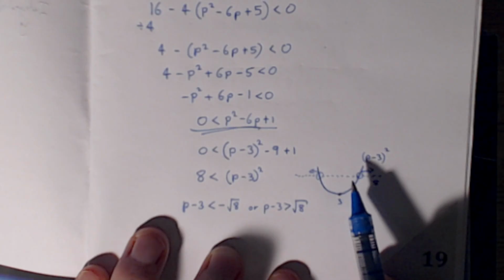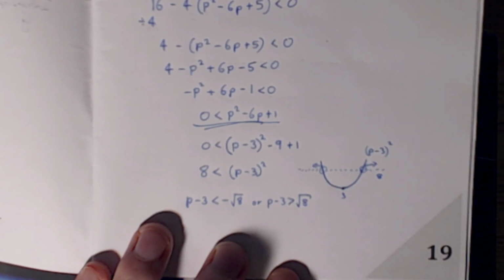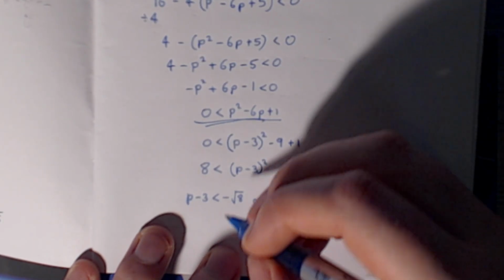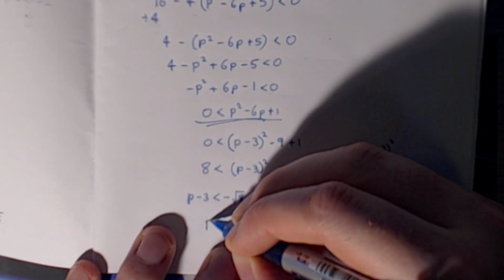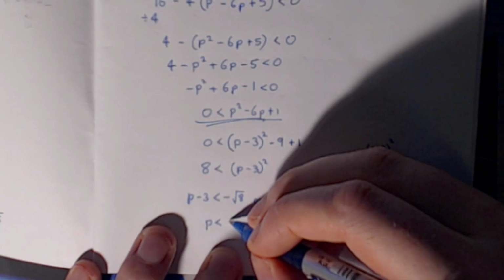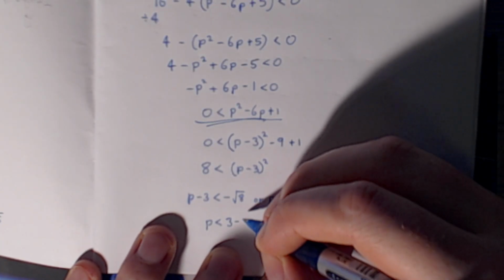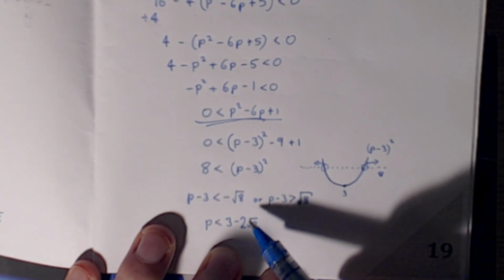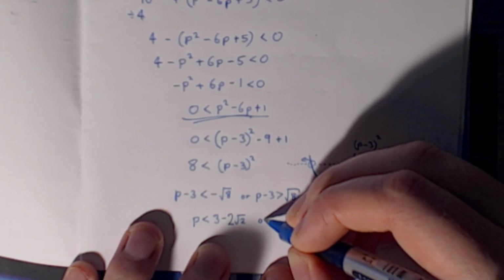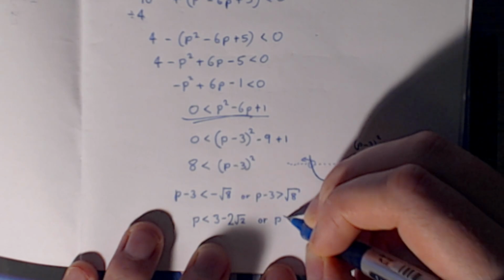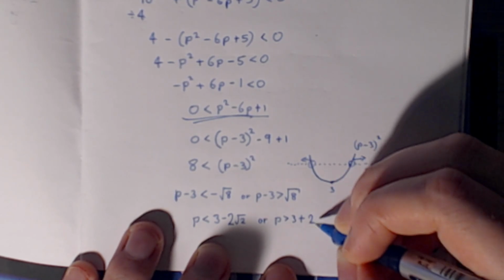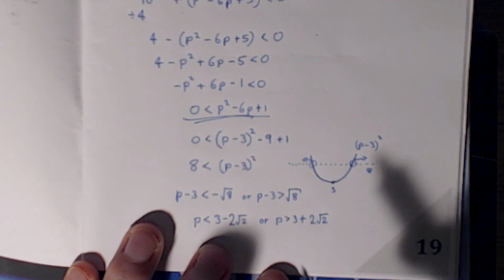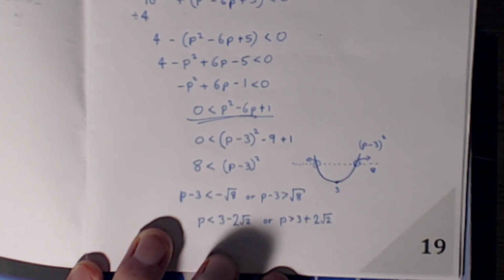So that's where those 2 points lie. And last of all, we can rearrange this and get that p has to be less than 3 take root 8, which is 2 root 2. So root 8 simplifies to 2 root 2. Or p is greater than 3 plus 2 root 2. And there you have it. Again, your calculator will do that for you, but that is how you would calculate that.